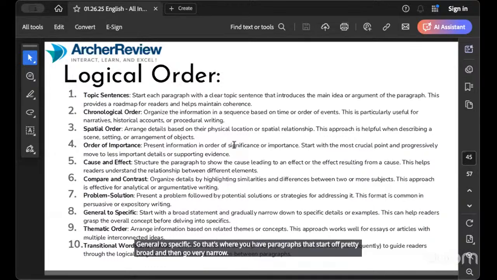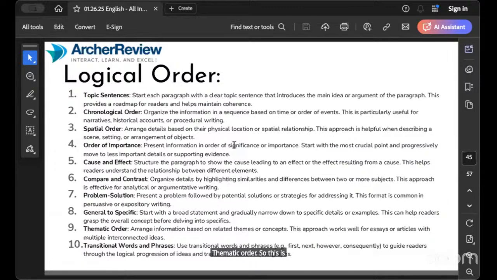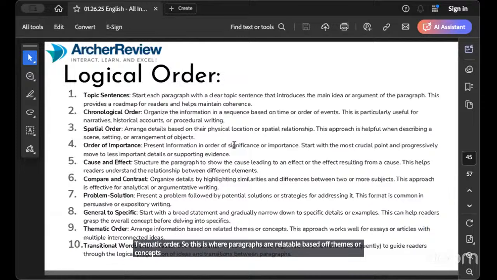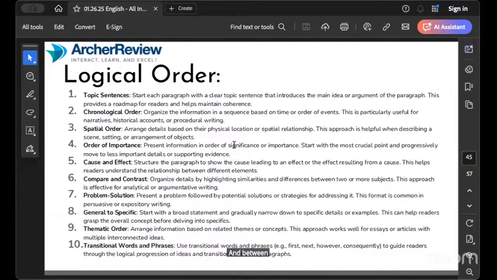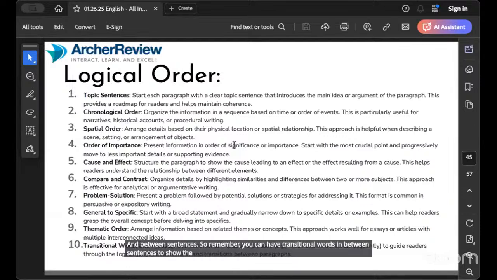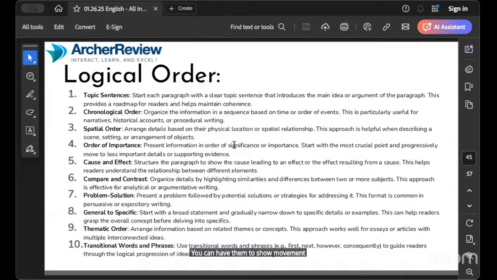Thematic order, so this is where paragraphs are relatable based off themes or concepts. And then transition words and phrases, those are used between paragraphs and between sentences. So remember, you can have transitional words in between sentences to show the movement of one idea to the next, but also when you work with multi-paragraph passages, you can have them to show movement from one paragraph to the next.